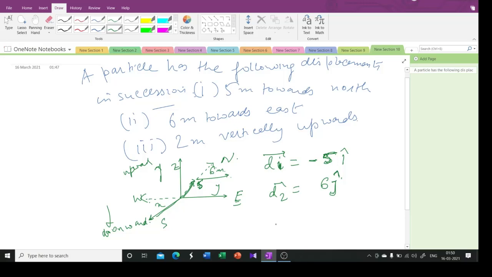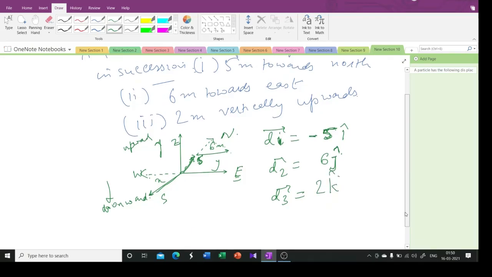And the last one, d3, 2 meter vertically upwards, so the upward direction is simply the positive z-axis, so it's nothing but 2 k cap. Okay, that's what it says.